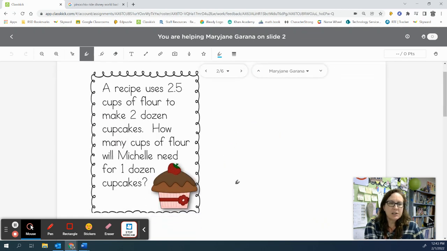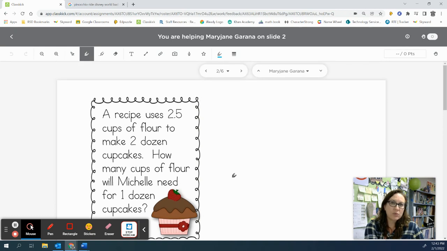All right, unit price or unit rate. In this case, it's not a price. My suggestion is that you make a table. It just organizes the information. We have cups of flour and we have dozens.